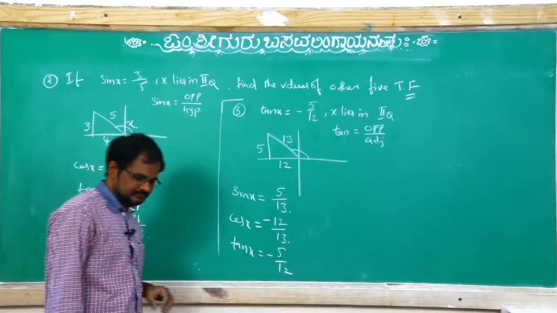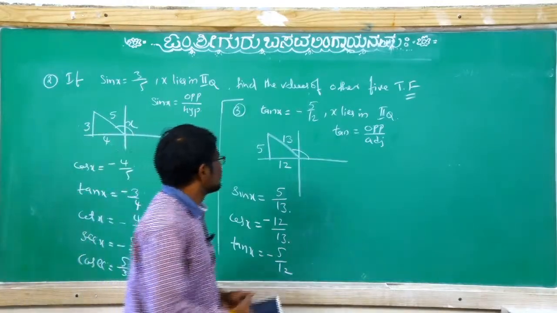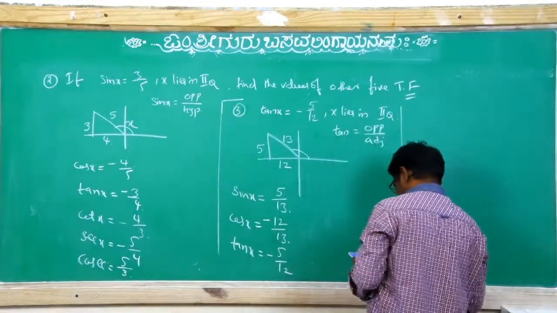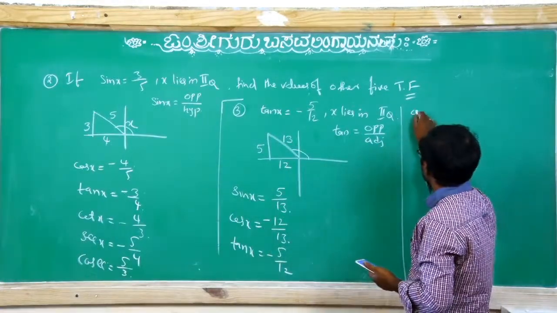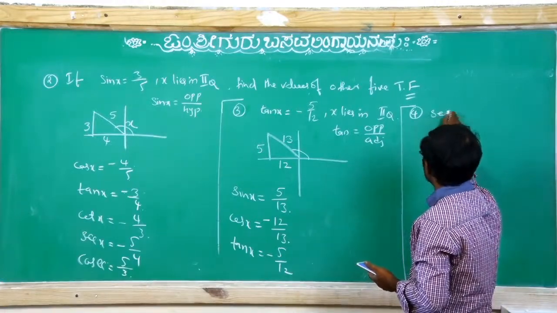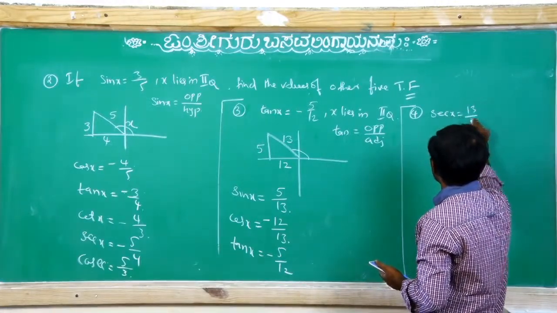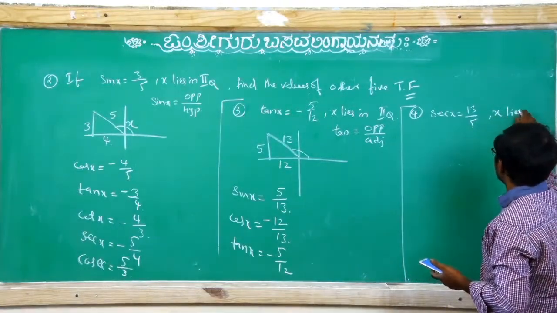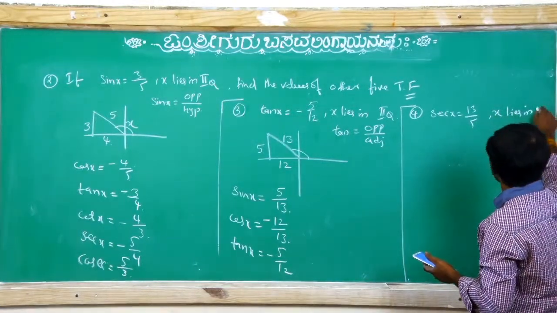You will get. Next, fourth one. Secant x equal to 13 by 5. X lies in the fourth quadrant.